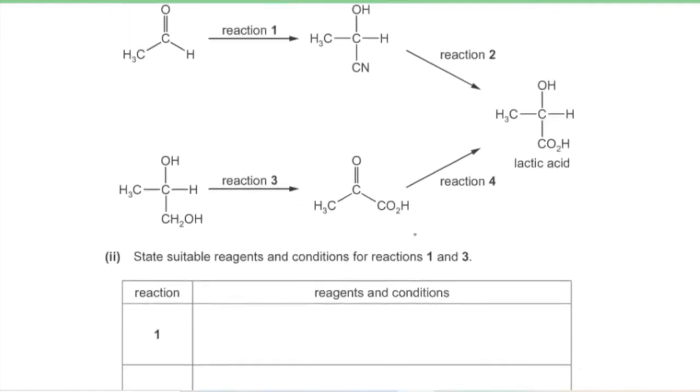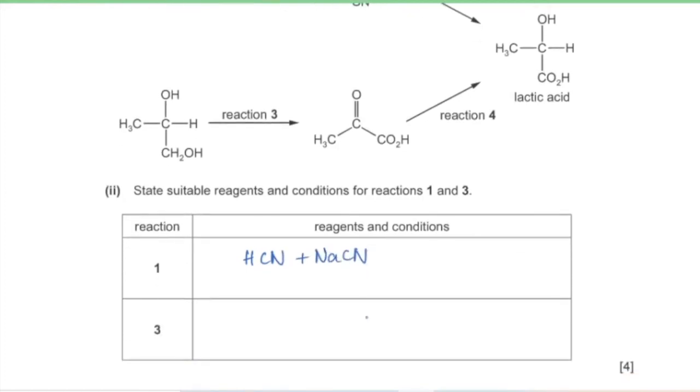Now, part 2, state suitable reagents and conditions for reactions 1 and 3. So as I described before, reaction 1 is the change from aldehyde to nitrile and alcohol group, which is a nucleophilic addition reaction. This nucleophilic addition reaction requires a reagent called HCN, and we are going to also have NaCN being used as catalyst.